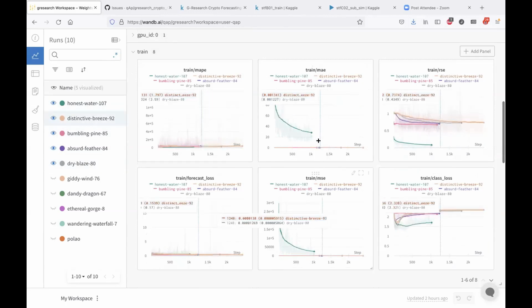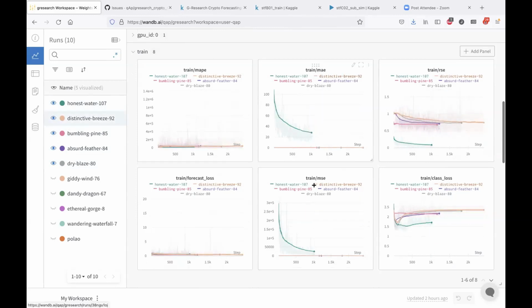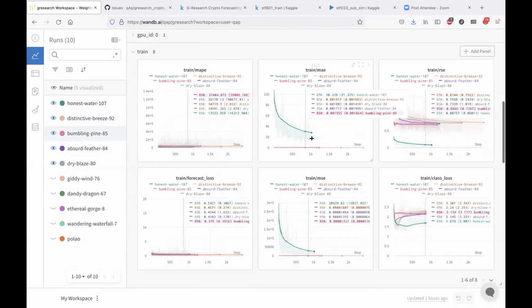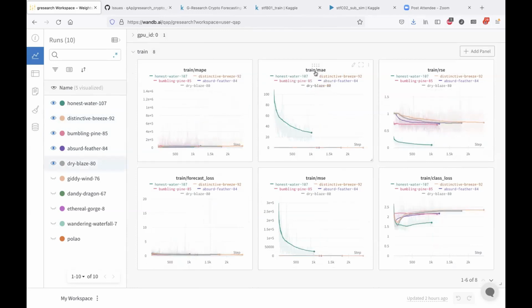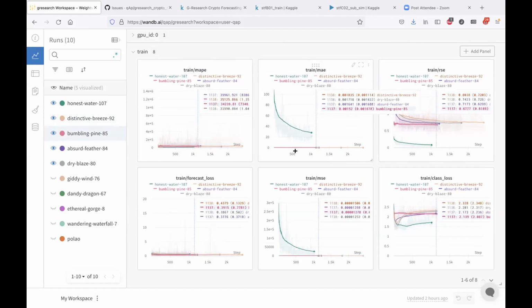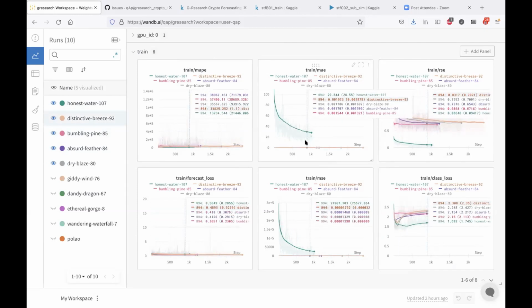I don't really know why there's such a big difference between the mean absolute error and the mean squared error when I include the closing prices as training targets, because I imagine these variables have been normalized before they're fed into the model. So I'm not sure why there's such a large difference. Maybe it's a lot harder to predict the closing prices.